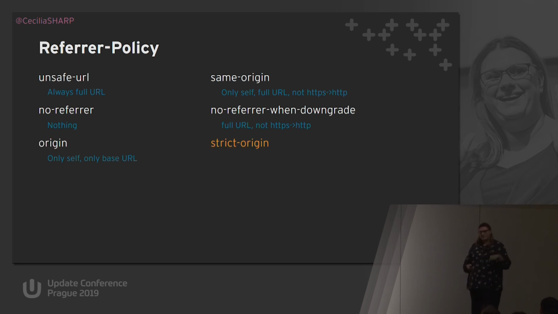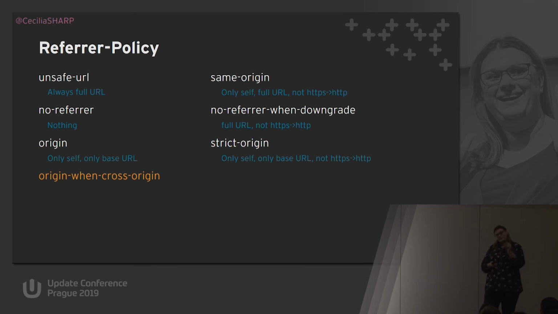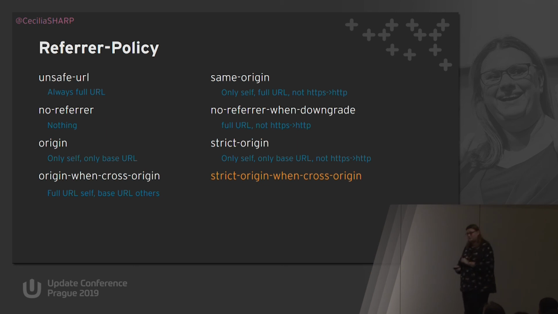Strict-origin is the same thing, but we don't do downgrading when we are moving from a secure line to an unsecure line. We have origin-when-cross-origin. You send the full URL to yourself, but for others, you only use the base URL. And we have strict-origin-when-cross-origin, and that's when you send the full URL to yourself, the base URL to others, and you don't do downgrading.